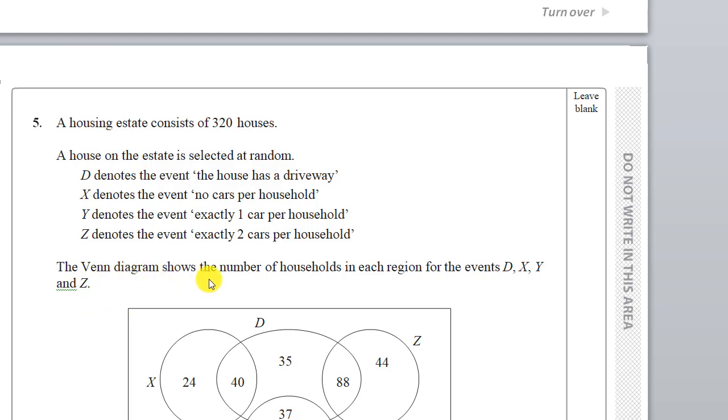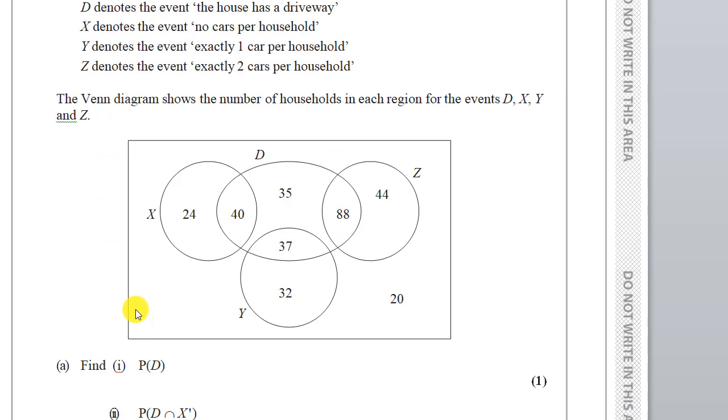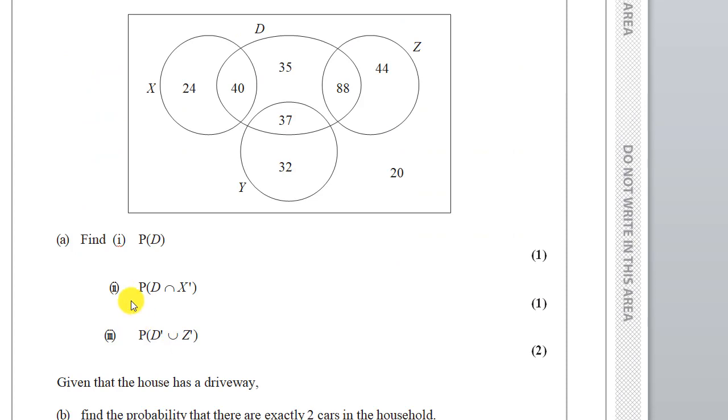The Venn diagram shows the number of households in each region for D, X, Y, and Z. Now, find the probability of D, the probability of D intersected with X dash, and the probability of D dash union Z dash.